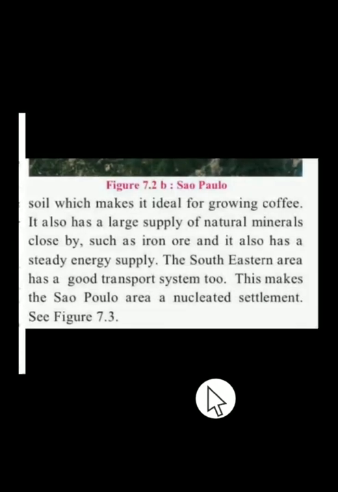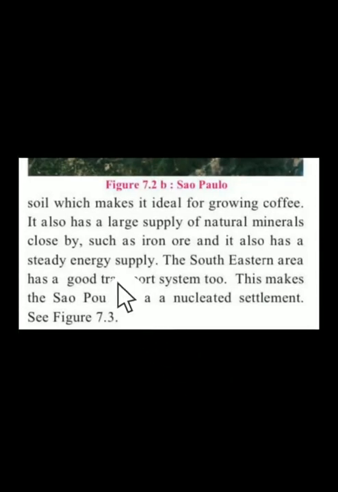Sao Paulo has an extensive area under rich soil, which makes it ideal for growing coffee. I told you in the lesson on population, and you have studied in the second lesson also, that Brazil is called the coffee pot of the world. Brazil ranks number 1 in the world in growing coffee and sugarcane. Why is it?